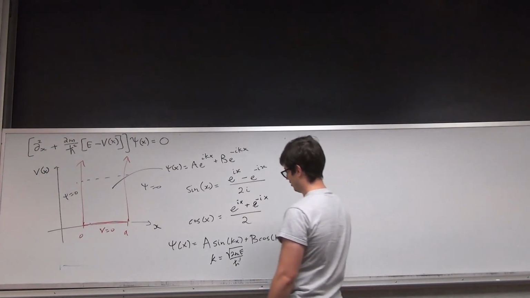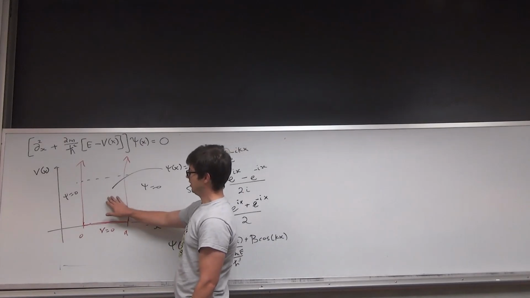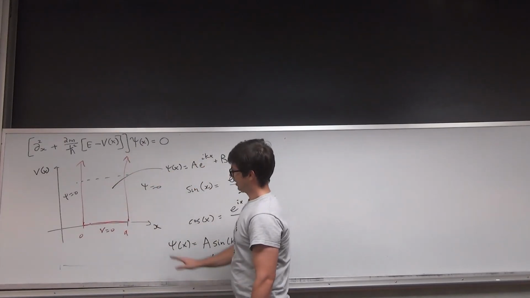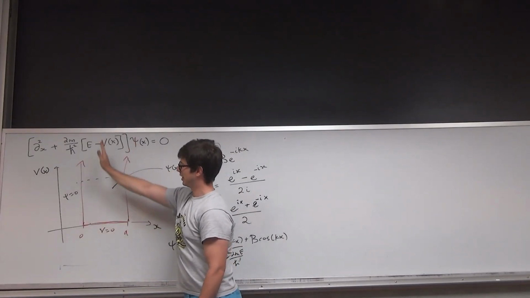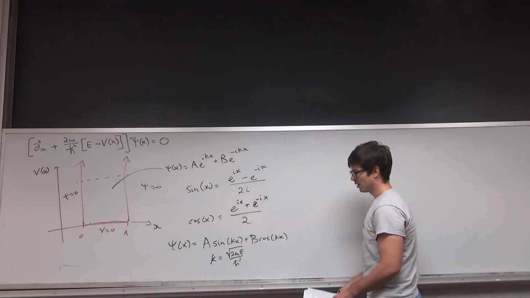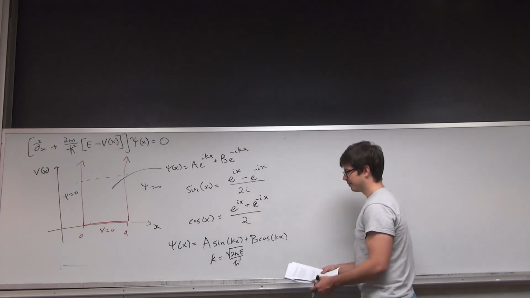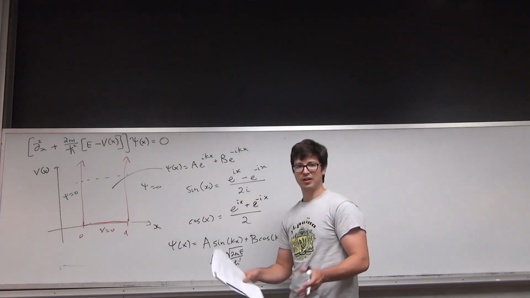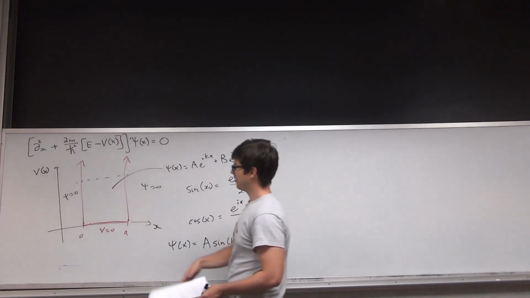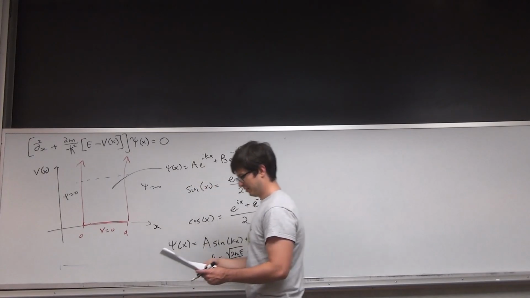So, solutions to this problem, in the case where you have these special boundary conditions at 0 and a that psi has to vanish, you only get certain solutions for particular values of k. And those values of k are such that the oscillations that sit in here can fit inside this box.